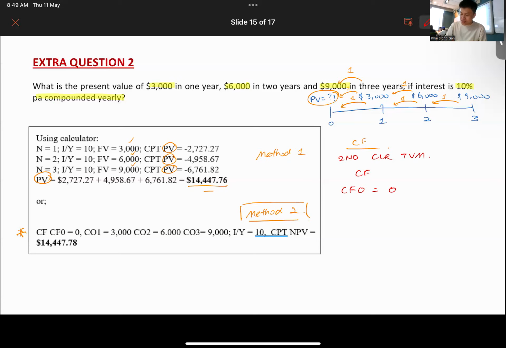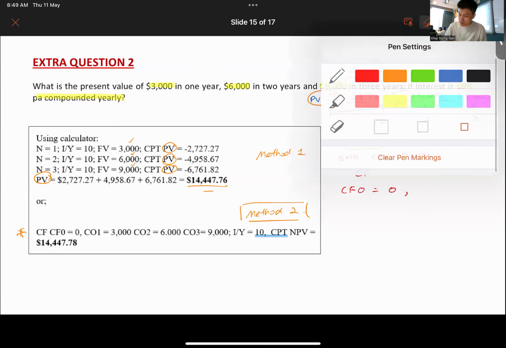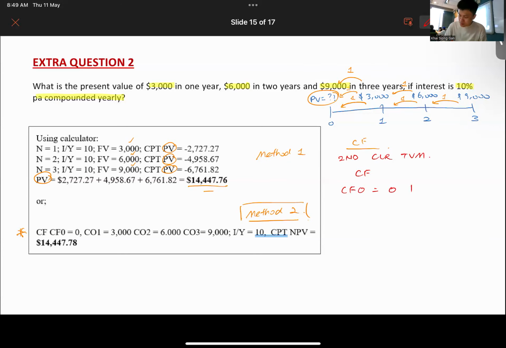Then you press go down. Okay, they will ask you F01. F01 means the frequency. Okay, also ignore it. Okay. Yeah, going down. Correct, correct. Okay.